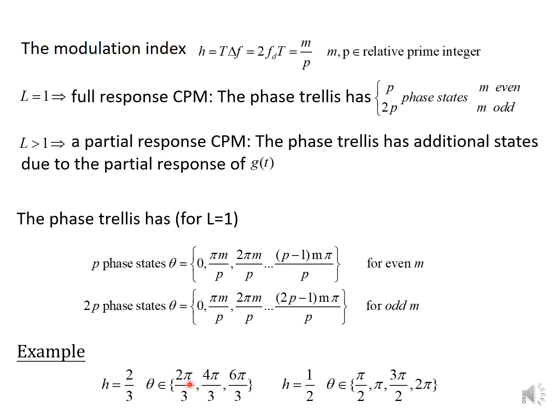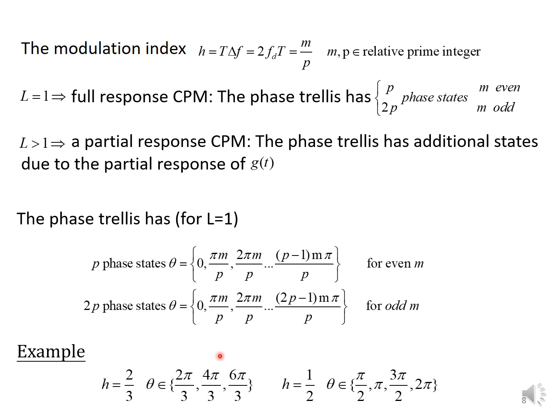This is an increment of 2/3 of pi. And how many phase states do we have here? We have 4 states, which is the 2P.